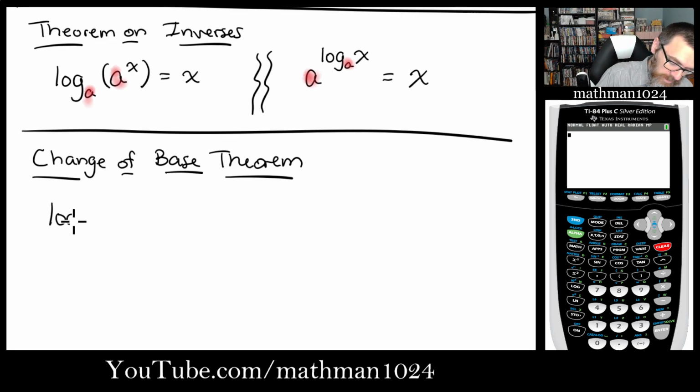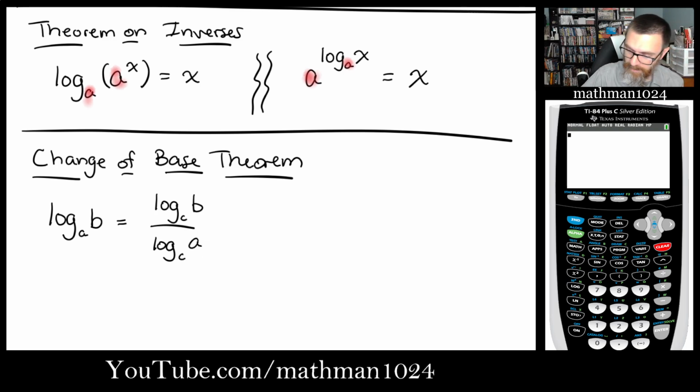So, log base a of b may be rewritten as log base c of b over log base c of a. The key thing here is that whatever base you choose, it has to be the same. You can't say, I want to make the numerator log base 2 and I want to make the denominator log base 5. It doesn't work that way.